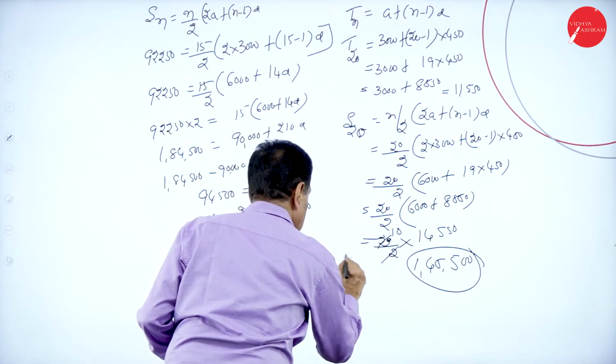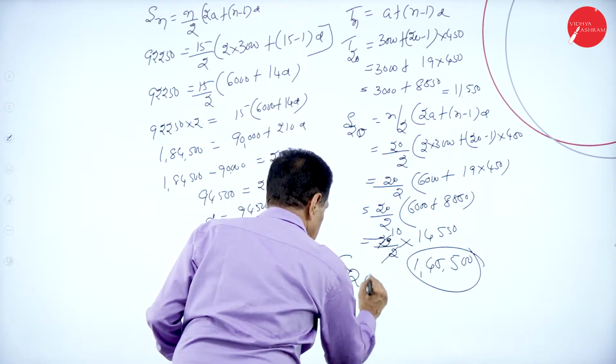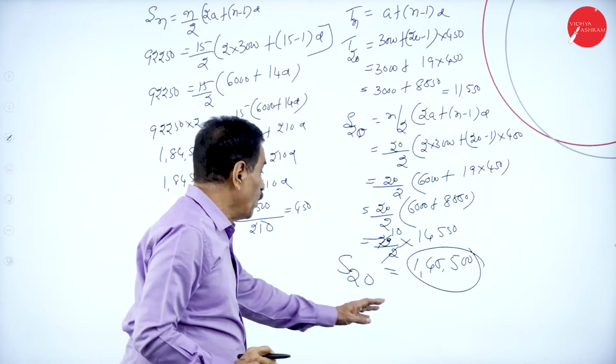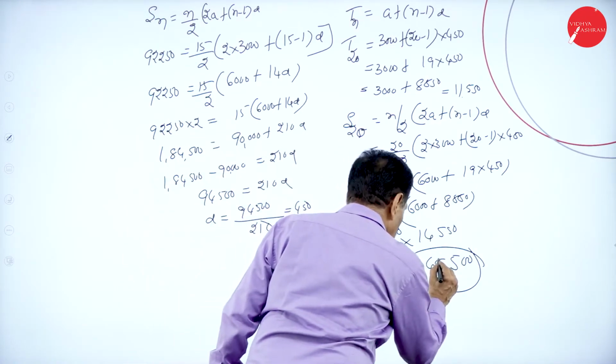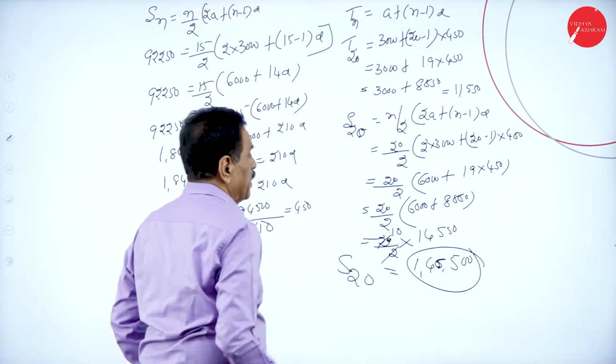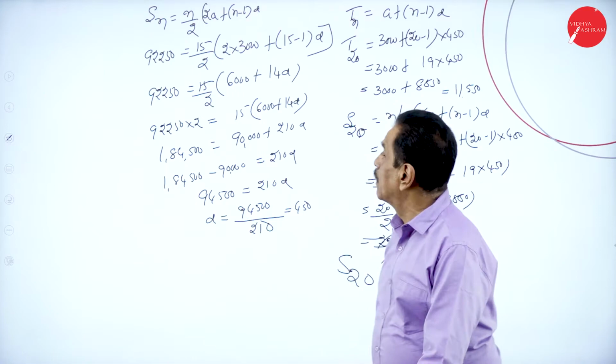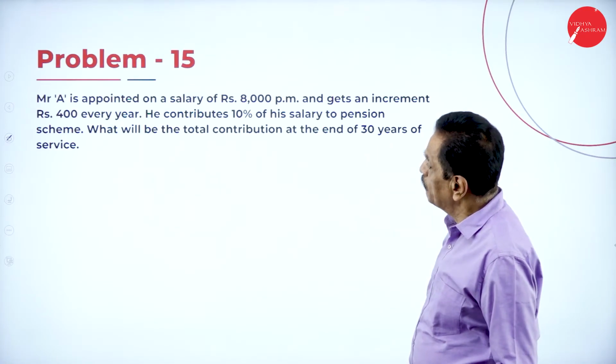This is S20, the summation, 1,45,500 at the end of the 20th year. We'll move on to the next one.